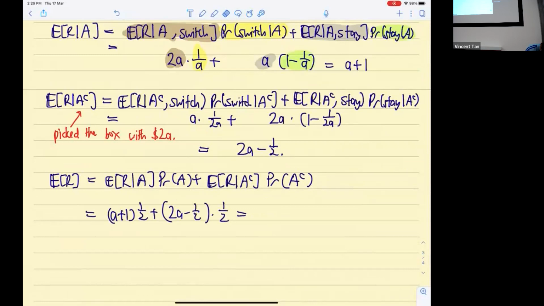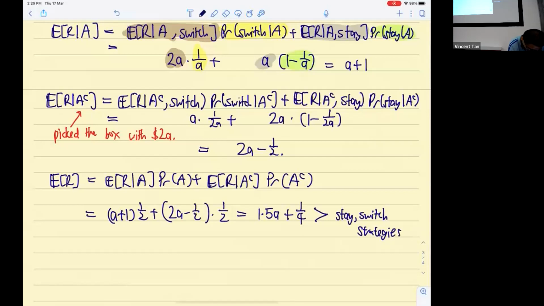Let's write this as 1.5A. And then we have half minus a quarter, which is a quarter. So this is bigger than the pure stay or pure switch strategies. Randomization helps. So what have we learned here? That if we have a biased coin, we can actually beat the casino.